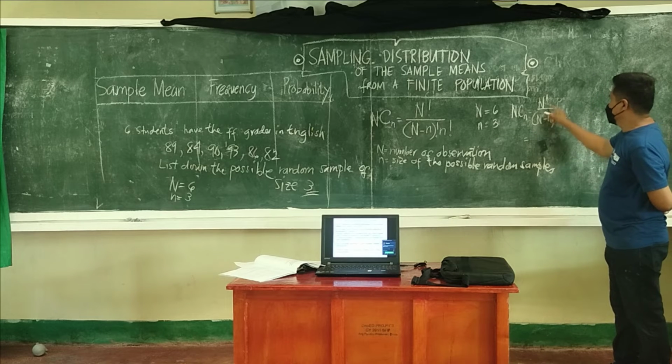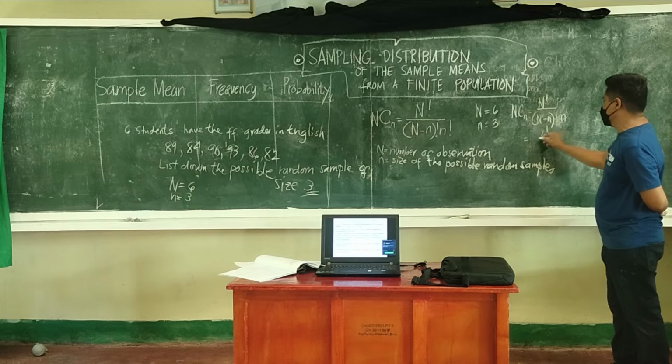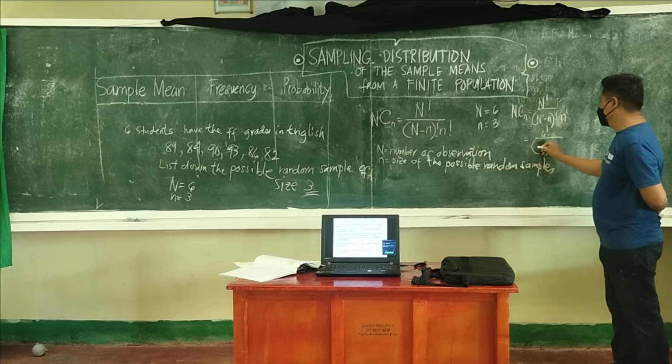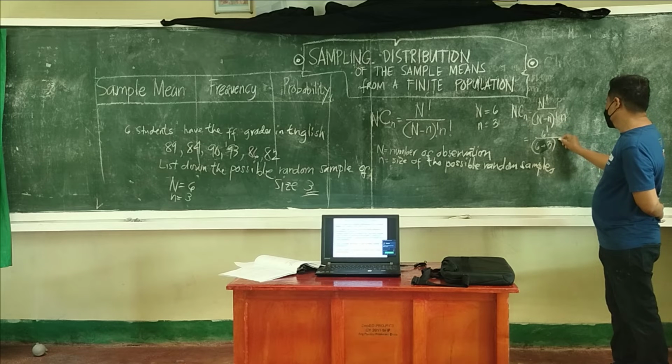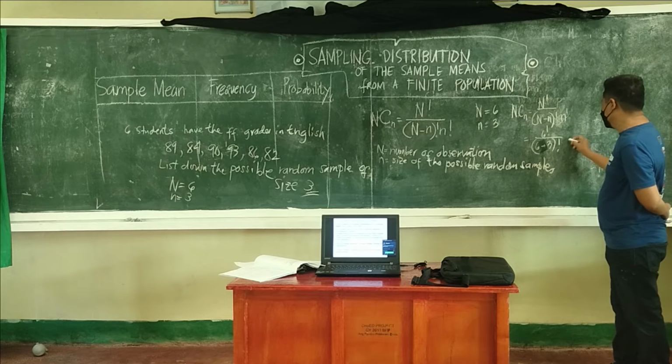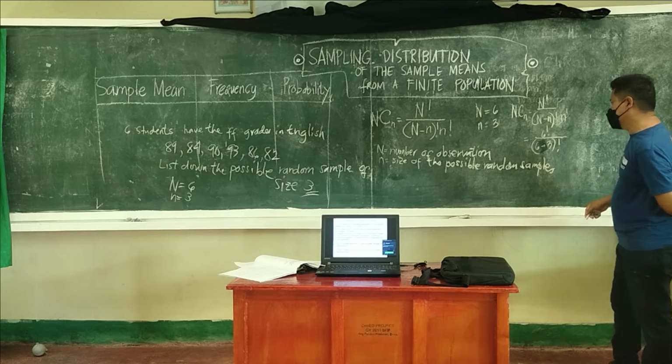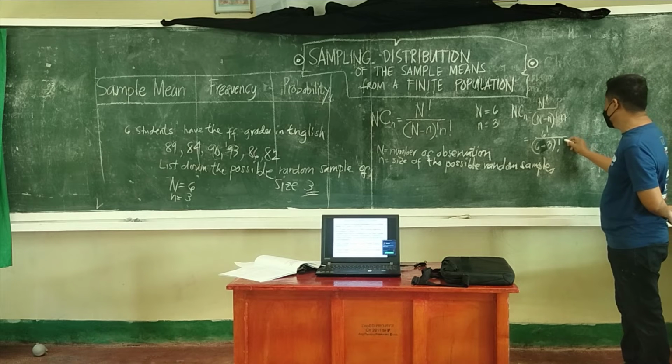We have 6 factorial divided by N, which is 6, minus 3, our sample size, factorial, then n, which is 3, the size of the possible random sample. So we have 3 factorial.